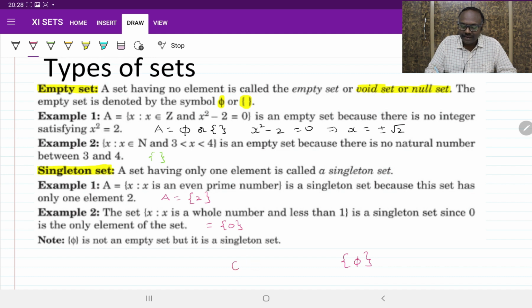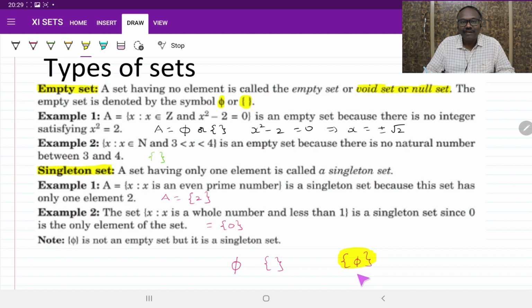Remember, the empty set will be either with phi or with empty braces without writing anything within the braces. But if you write any member within the braces, then it is no more an empty set. In fact, it becomes a singleton set, containing one element.